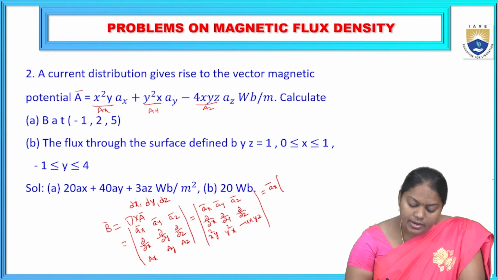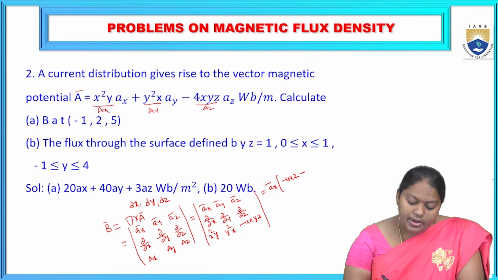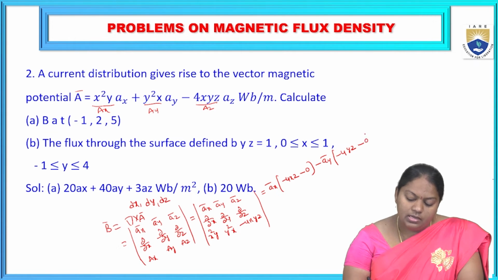Now we evaluate this determinant. ax into dou by dou y of minus 4xyz, which is minus 4xz, then minus dou by dou z of y square x, which is 0. Then minus ay into, considering the first row and second column, dou by dou x of minus 4xyz is minus 4yz, minus dou by dou z of x square y, which is 0.